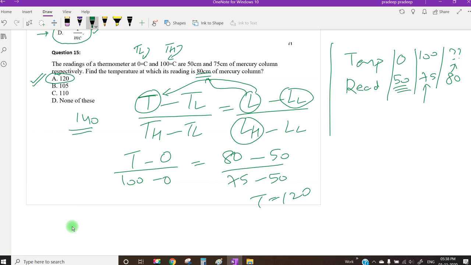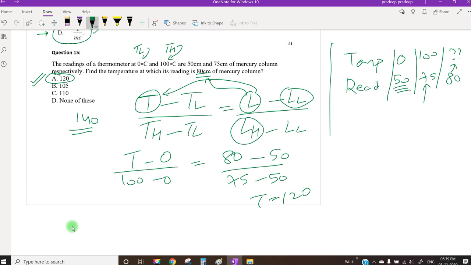Could you check where you went wrong? Yes, sir. And Sheldon, how did you solve this? That's exactly how I did it. To visualize the entire concept, I took a small section of my page and made a small line from 0 to 100, and I visualized it like that, and correspondingly made it into 80 minus 50 upon 75 minus 50. Good.